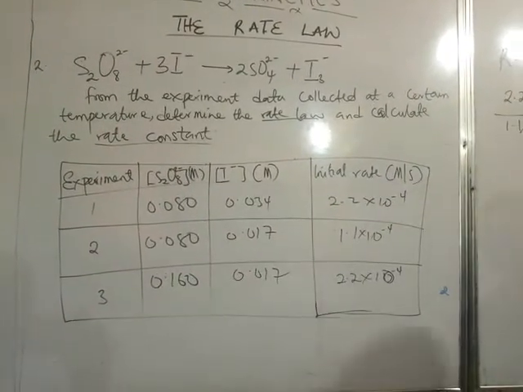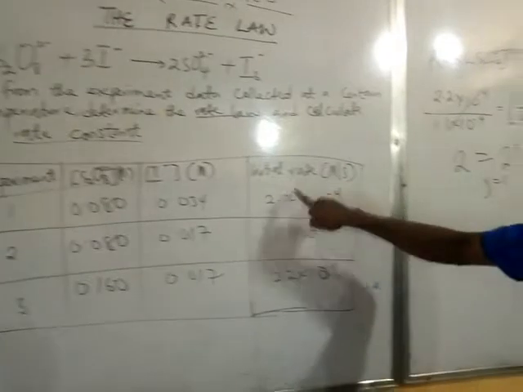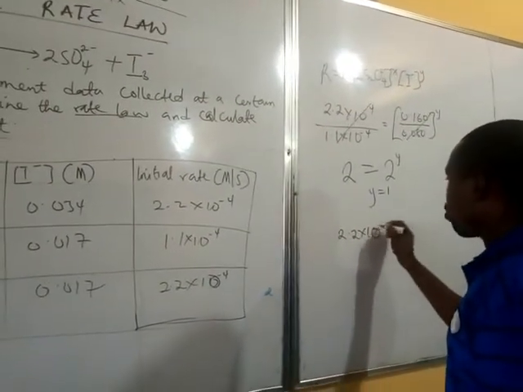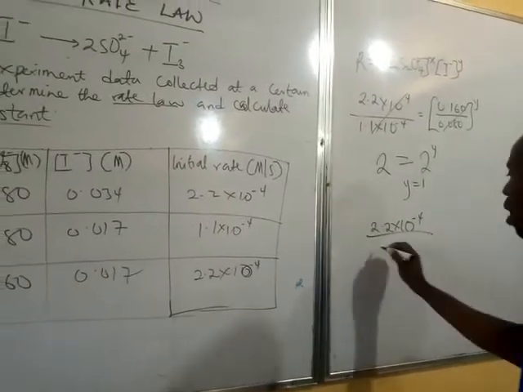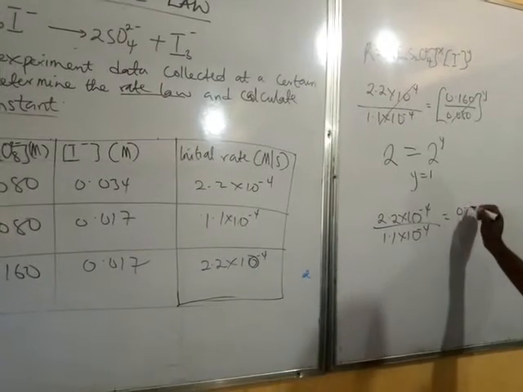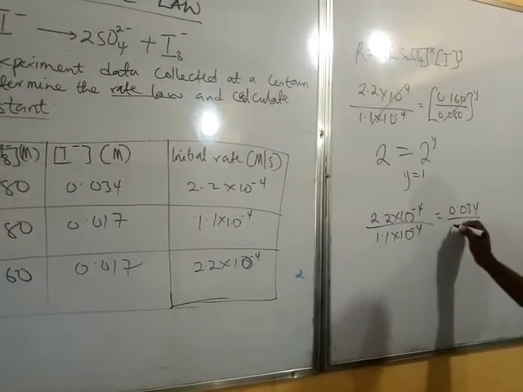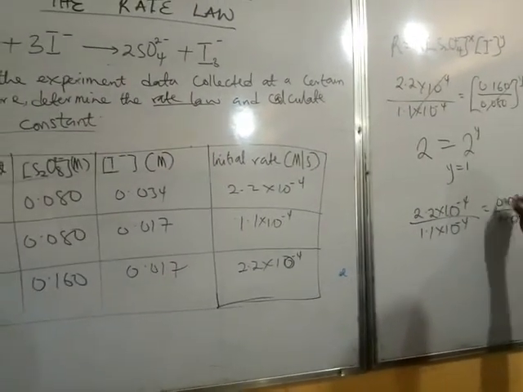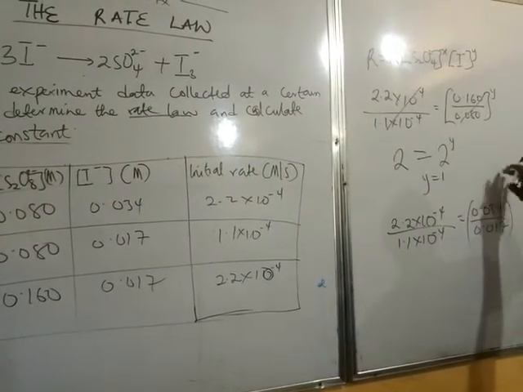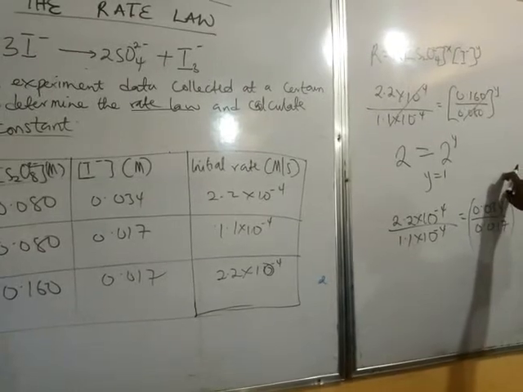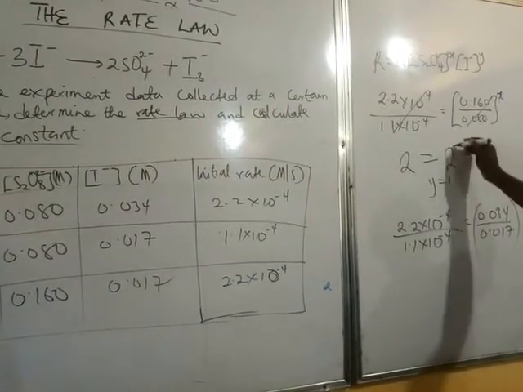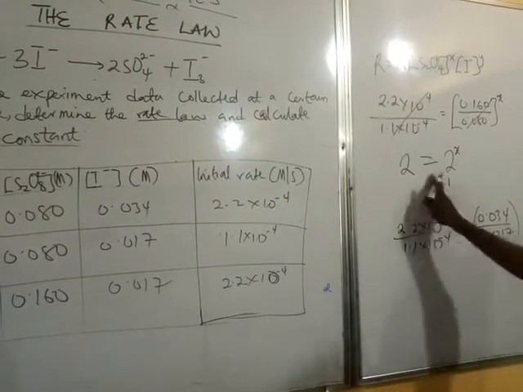So you say dividing experiment 1 by 2, which will now be 2.2 times 10 to the minus 4 all over 1.1 times 10 to the minus 4 is equal to 0.034 divided by 0.017 raised to the power x, very sorry, x.